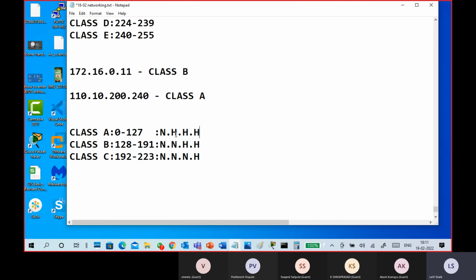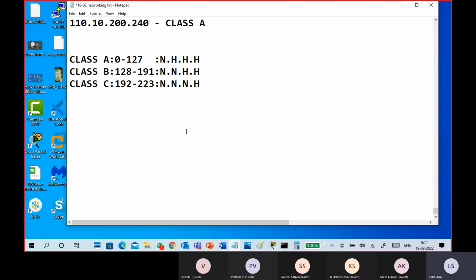Look here, always remember: same network means the network portion is the same. By default, the network portion is the same.